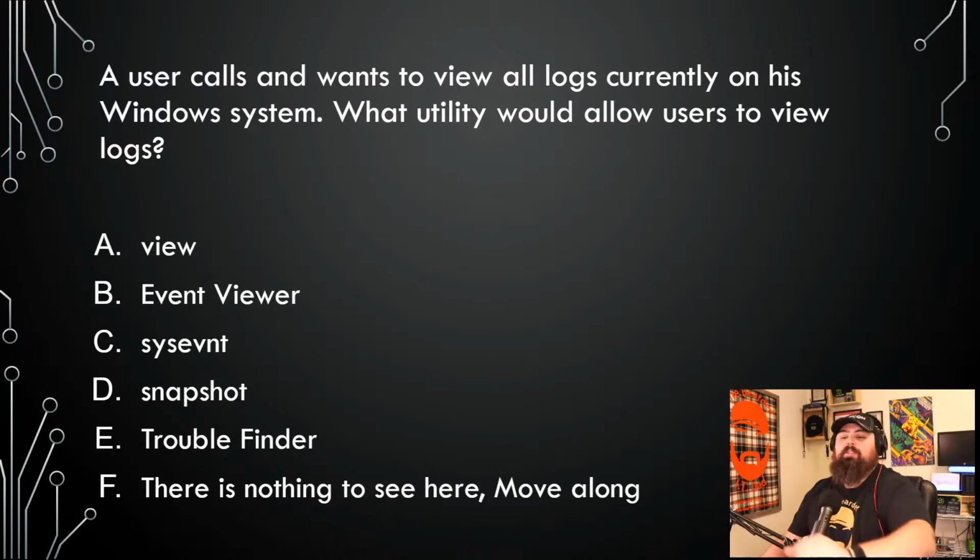Move along. Sorry guys, which of the following would allow a user to view all the logs currently on his Windows system? What utility would you guys recommend is the best?